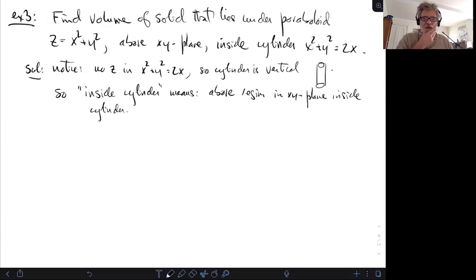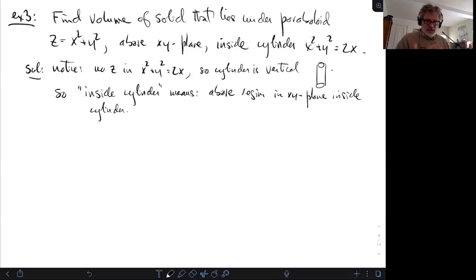You see what I mean? So you don't want to try to draw this. It's actually a very strange looking solid. It's like you take a cylinder and you cut it with a paraboloid. It actually looks very nice, and it would be nice to make it out of stainless steel.